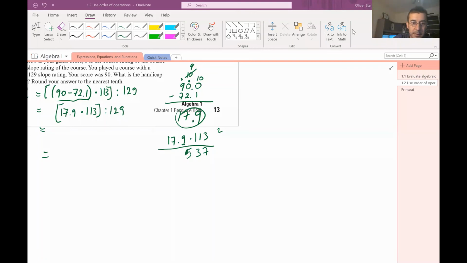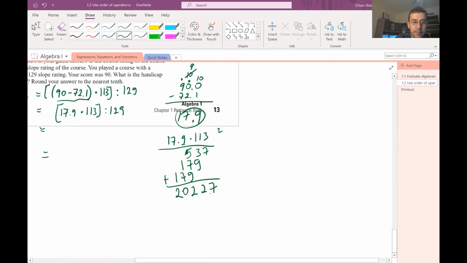Then 179 and 179 shifted, and adding them up. Okay, and then 1 decimal point here. Let's check it again. Yes, it is correct.